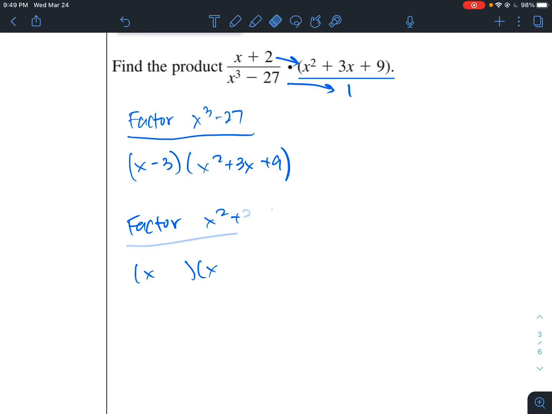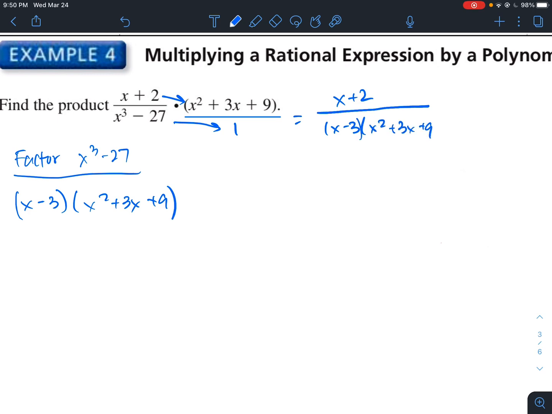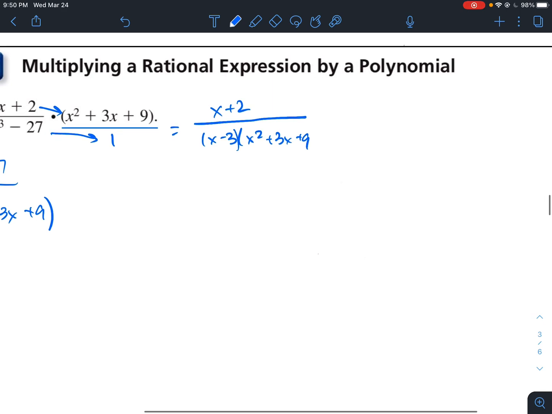You can't find those numbers, but that's perfect actually, because when I write this in factored form, I get x plus 2 over x minus 3 times by x squared plus 3x plus 9, and this is being multiplied by x squared plus 3x plus 9 over 1.